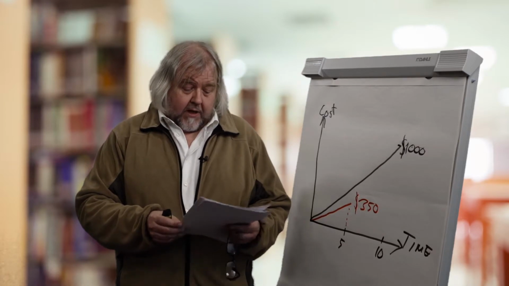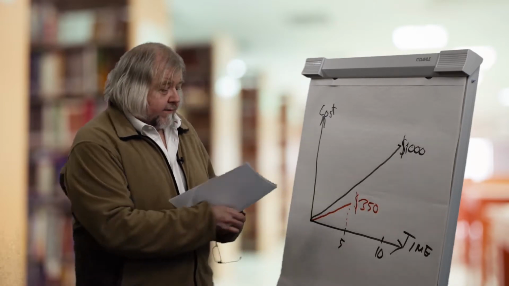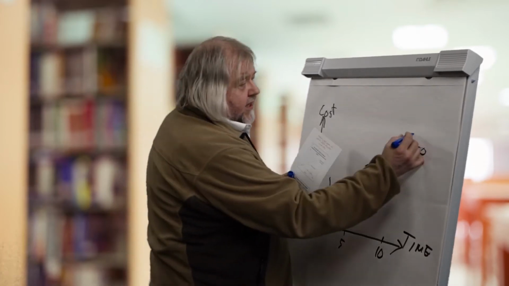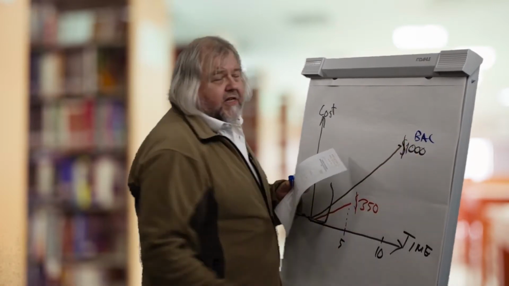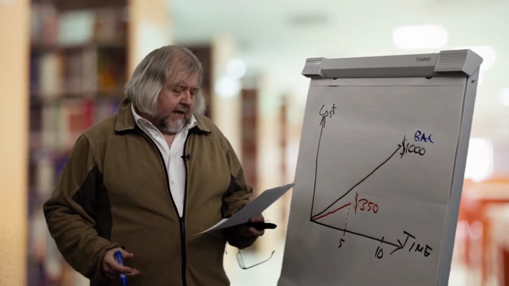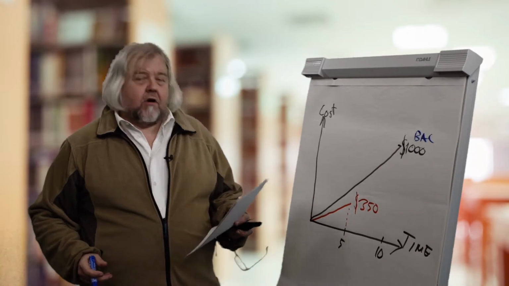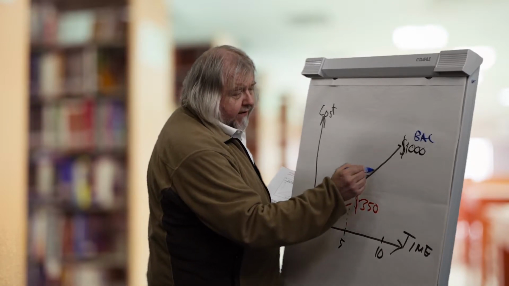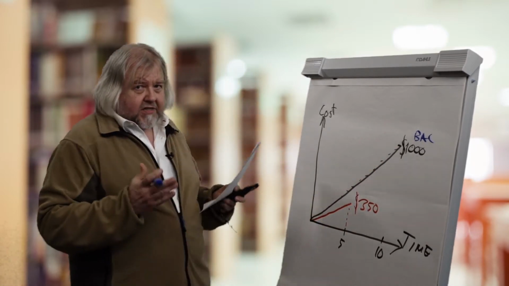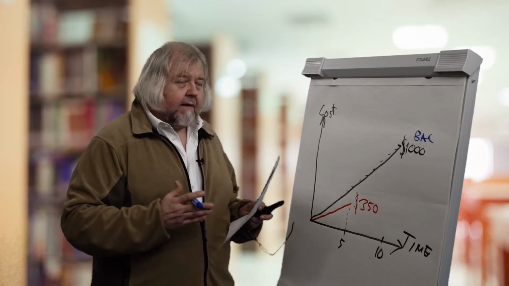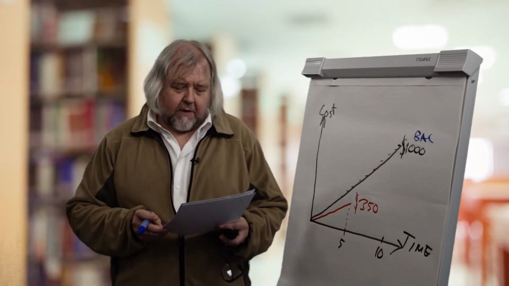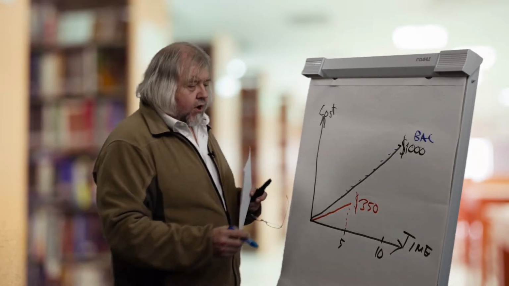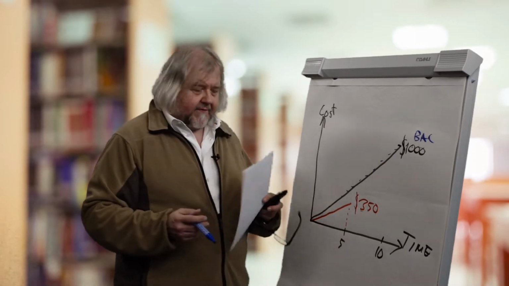In this picture, you can see that we have the total budget at completion. We have the budgeted cost of work scheduled, which is actually this curve here. The budget in the kind of a time axis, the scheduled budget. Then we have the actual cost of work performed, which is this 350.